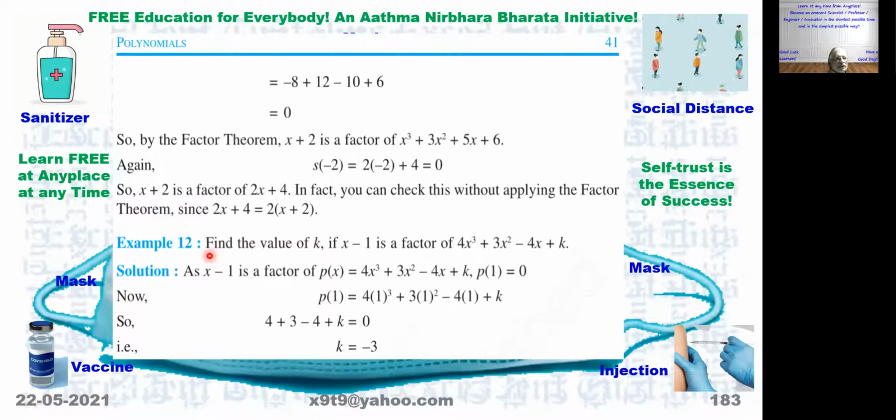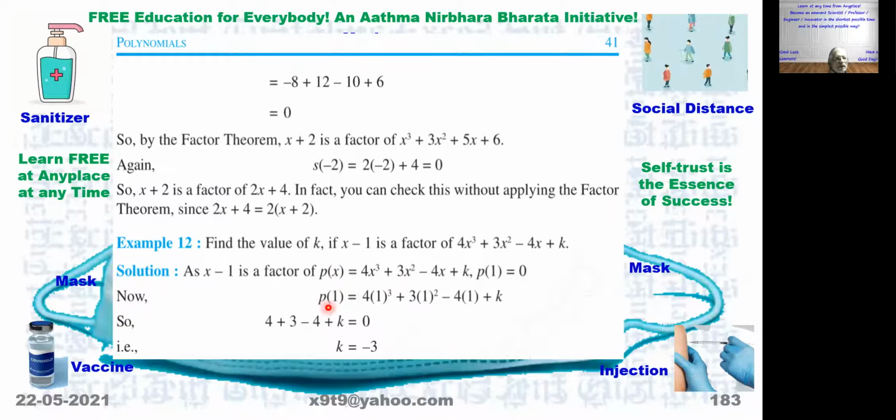Since it is given that x minus 1 is a factor of the given polynomial, equating x minus 1 equal to 0, we get x is equal to 1. So calculating the value of the polynomial at x equal to 1 is written as p of 1. That means replace x in the polynomial by the value 1.